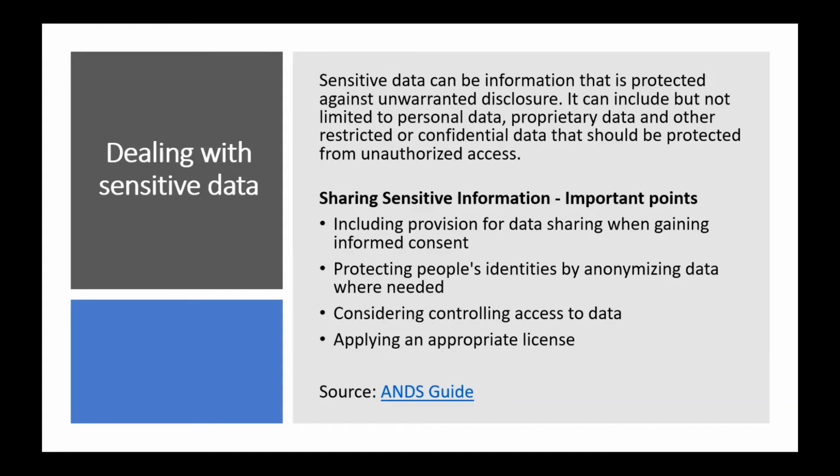So you will need to get consent for publishing and sharing as well. And you should, of course, protect people's identities. So you will have to modify the data in such a way that individual people cannot be recognized, by anonymizing the data. Also, you should control access and use an appropriate license. So you can, for example, restrict commercial use by using a specific license.